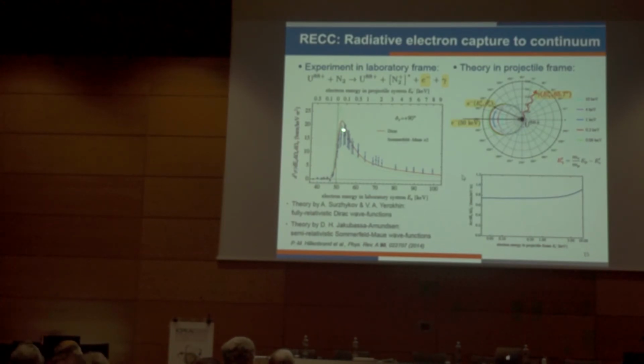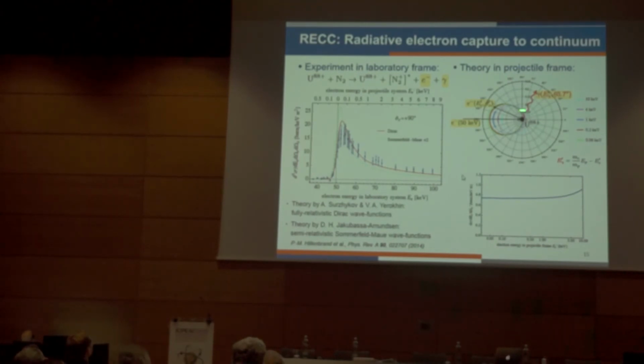And then you can understand that the electrons in the projectile frame are always faster than the projectile after the collision. And this shape is also strongly influenced by the transformation, because in principle the energy distribution is also constant within the measuring range, roughly.